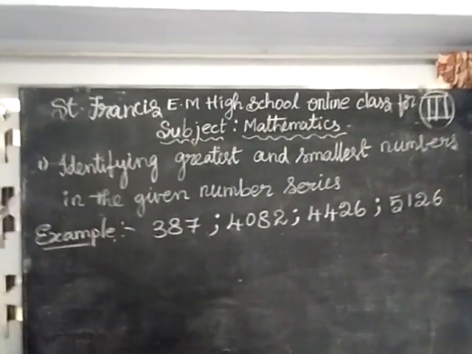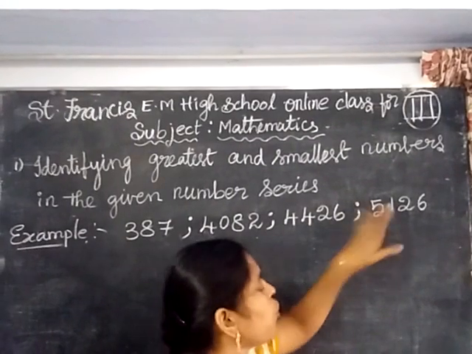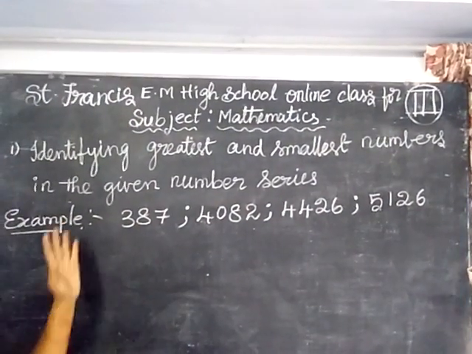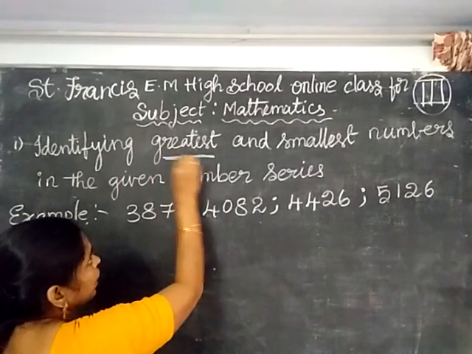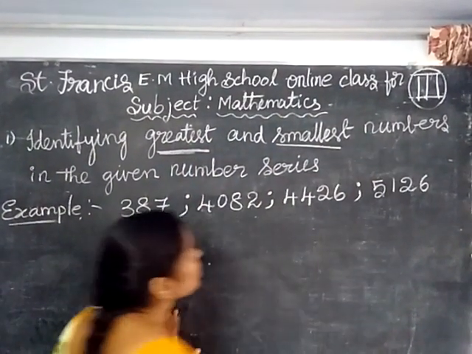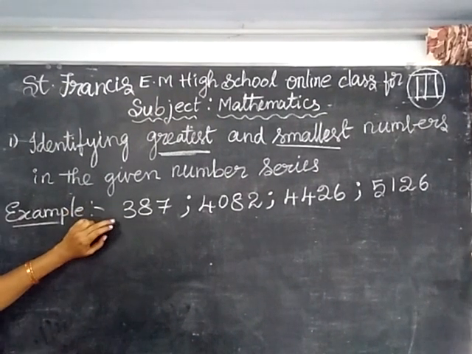See how many numbers I wrote on the board? 1, 2, 3, 4. 4 numbers. Out of these 4 numbers, you should write the greatest and smallest numbers.